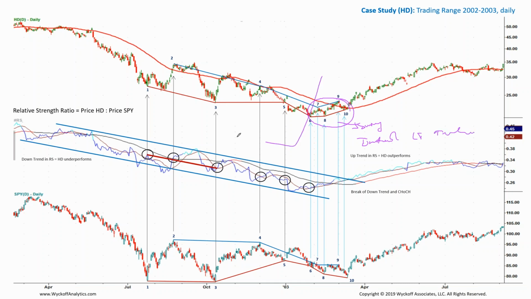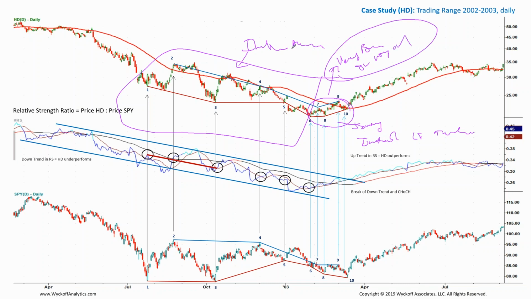For the long-term trade, we want to see either institutional accumulation in the trading range or very aggressive buying on the way out. So either or, and we don't see either, right?